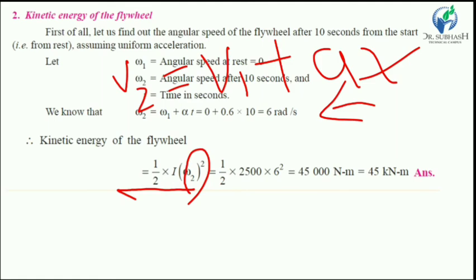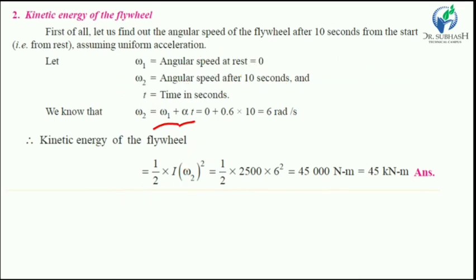So omega 2 is equal to omega 1 plus alpha t. Okay, so if we have the value of alpha, and we know that at rest, the initial condition, omega 1 is 0. So if we find the value of omega, then we find the value of omega at 10 seconds.